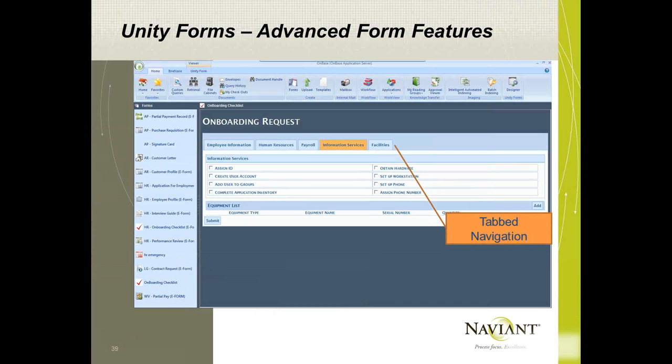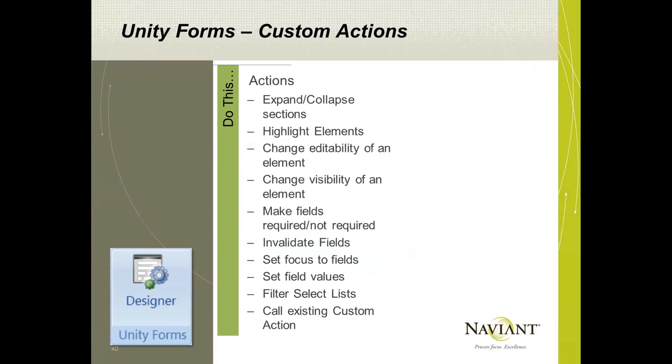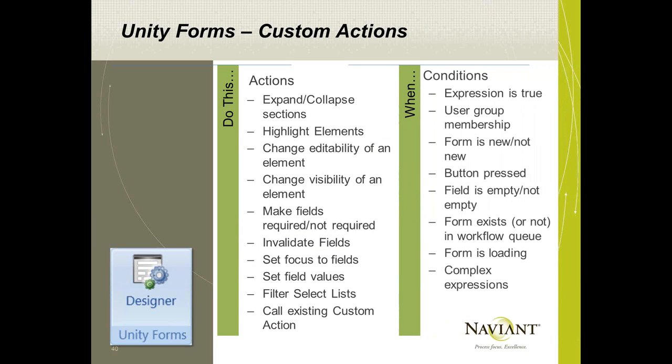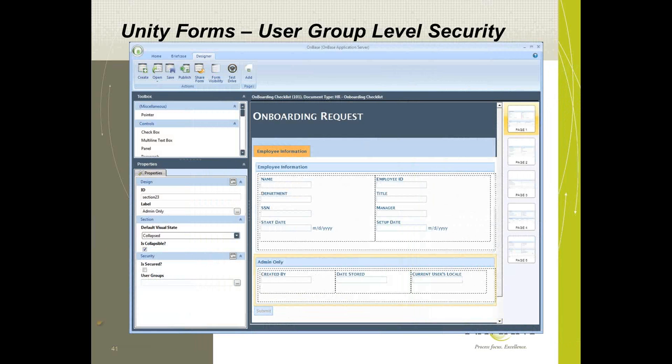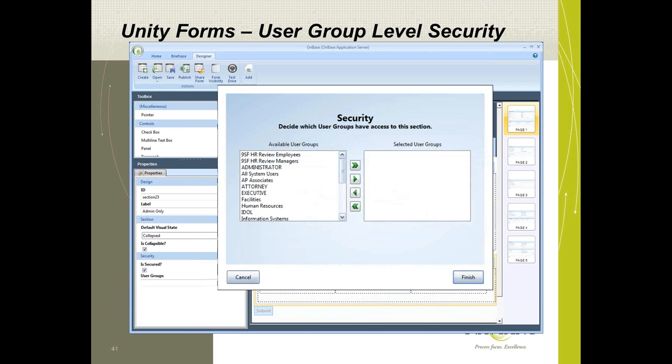Flip past all this. Still cool. There's our custom actions. So these are the options for do this when these conditions are true or not true or what have you. Talked about that.